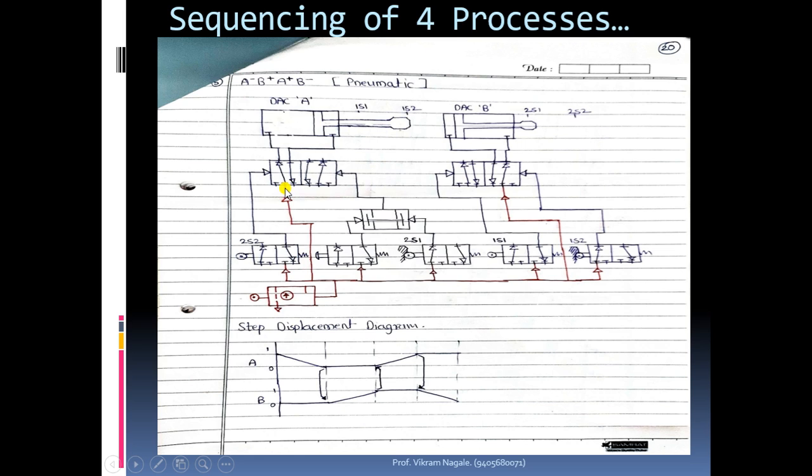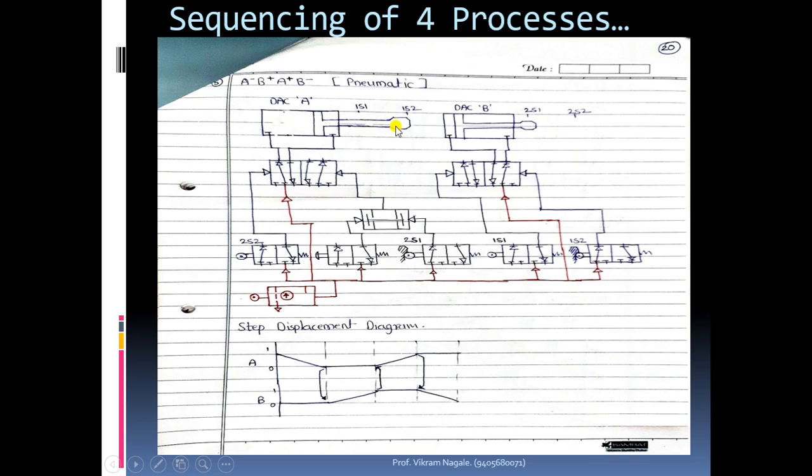You can see the red color, it is coming at port 1 of the 5x2 valve. Then it will go inside the cylinder, hold that pressure, and apply the pressure on the left hand side, so there won't be any change in the status of this cylinder.